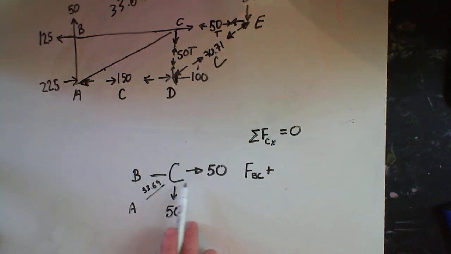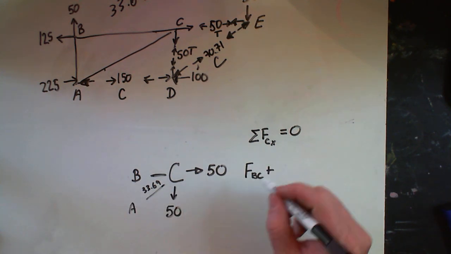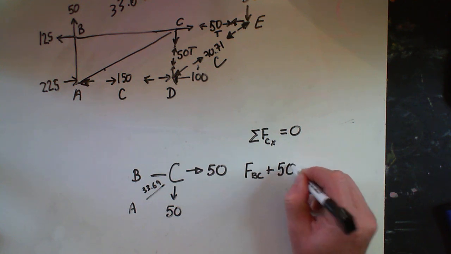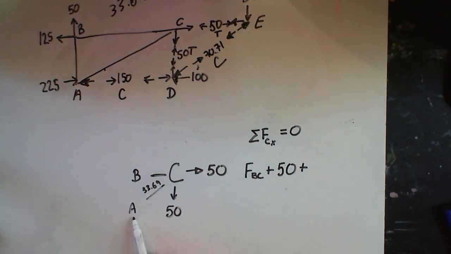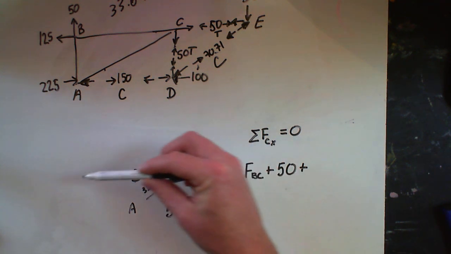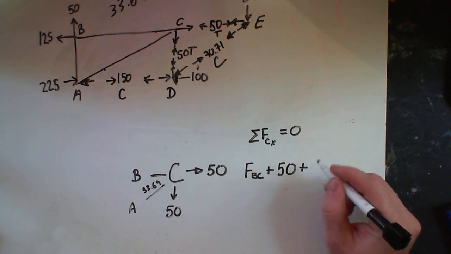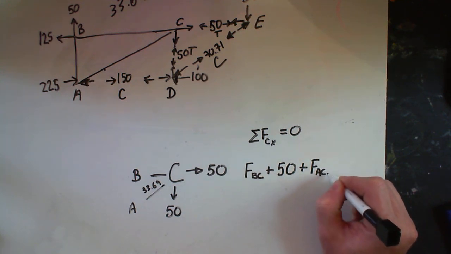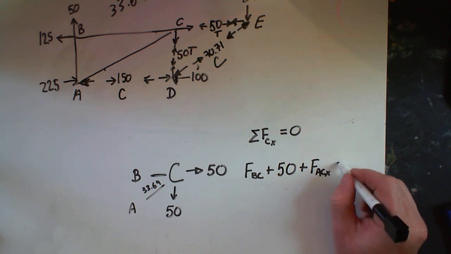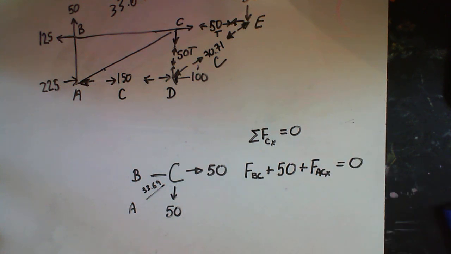This 50 is a horizontal force, and it's going to the right. That makes it positive, so plus 50. Plus, we've also got whatever force is occurring here between A and C. It also has a horizontal element. So we've got force of AC with respect to X, and those 3 added together equal 0.